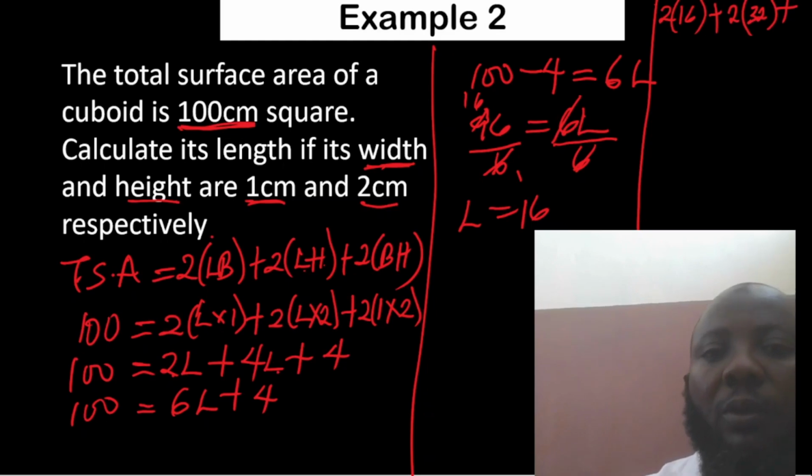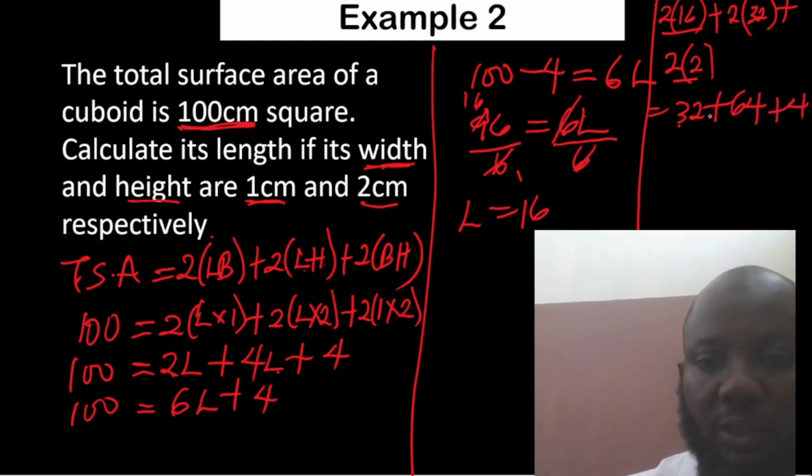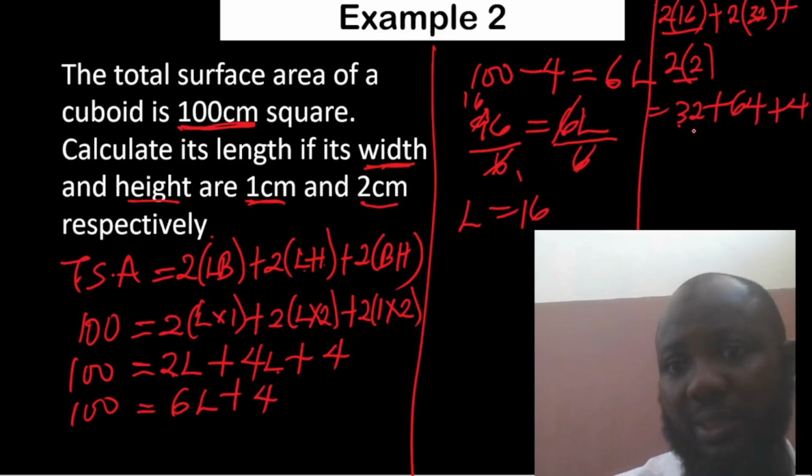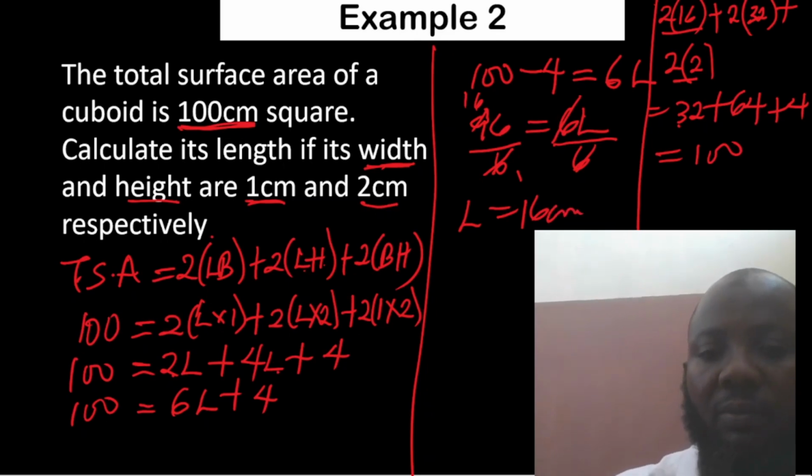Plus 2 into breadth times height, which is 1 times 2, gives 4. So 32 plus 64 is 96, plus 4 is 100. So this is correct. That's 16 centimeters. I hope this is very clear. Okay, good. Then move to the next one.